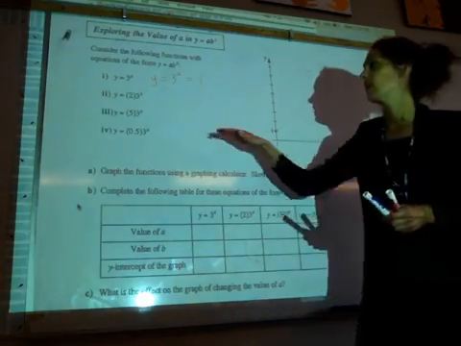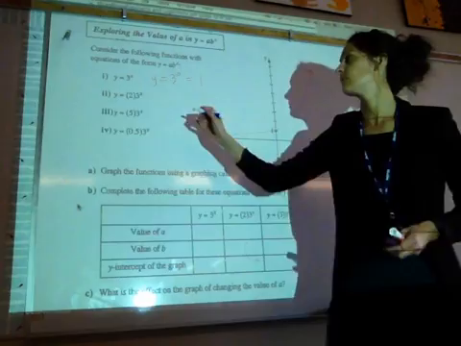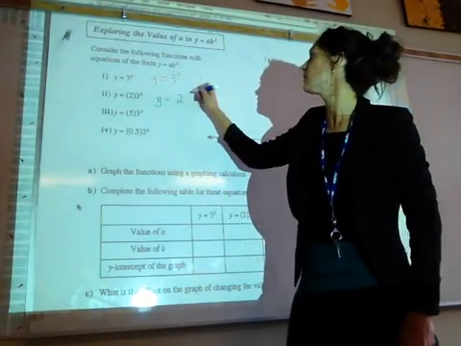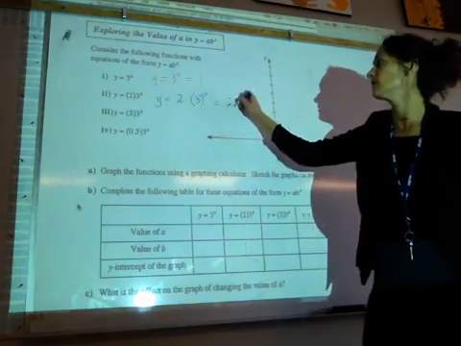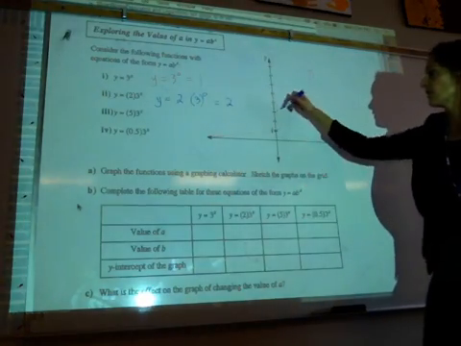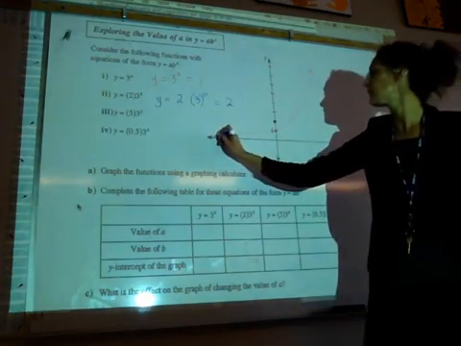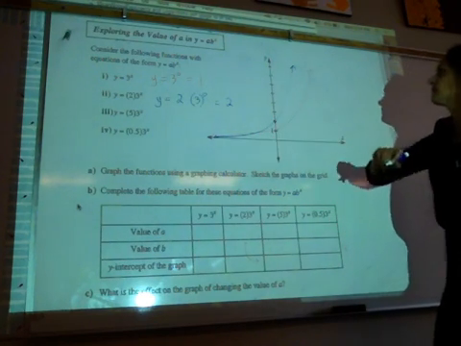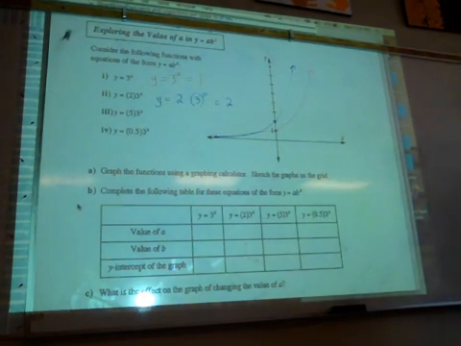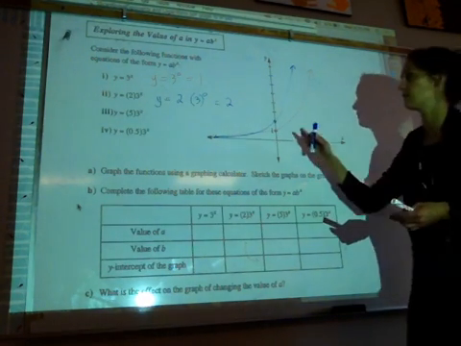What's going to happen to the y-intercept when we look at this one though? We have y equals 2 times 3 to the power of 0. We get 2. So instead of going through here, we're now at 2. Still going to approach 0, but it's got to go through a different y-intercept. It's growing at the same exponential rate, just now it's multiplied by 2.